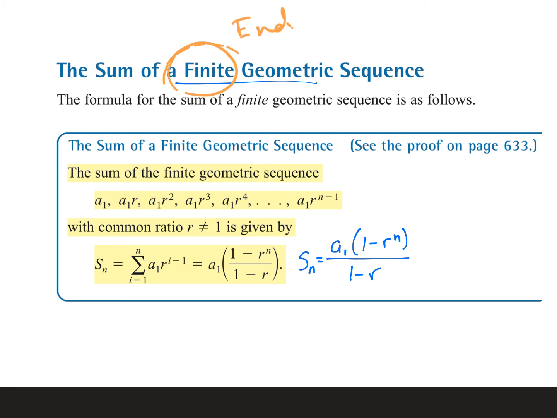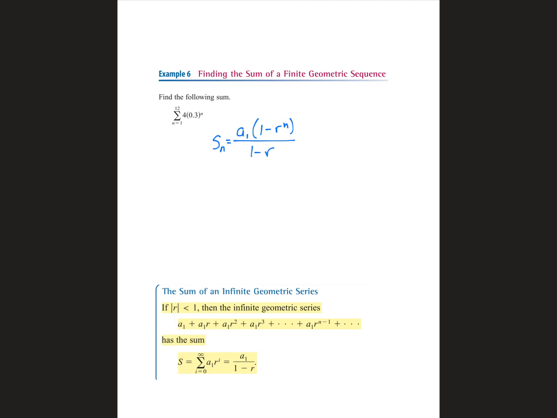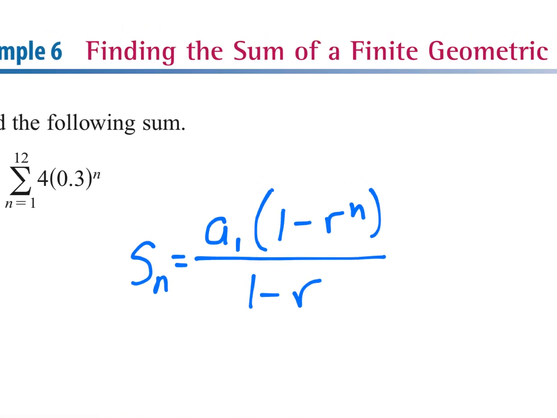So this is our formula to find the sum of a finite geometric sequence. Our a sub 1 is our first term, and it includes the ratio.